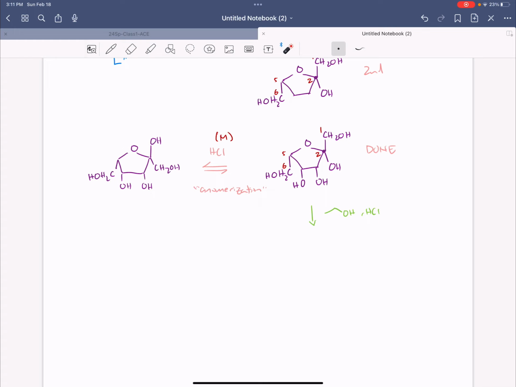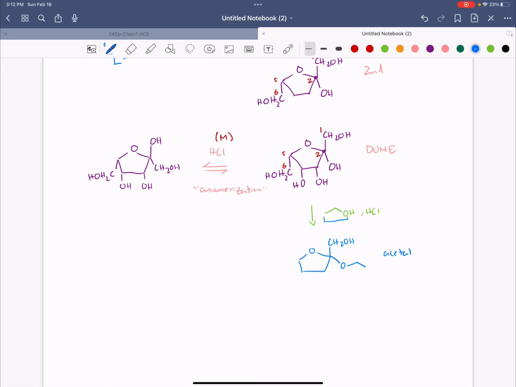That's because in the mechanism, you can kick out this OH by using an internal lone pair. You can't really kick out these other OHs. And so the product here, instead of an OH down here, you have O-ethyl coming from that group there.